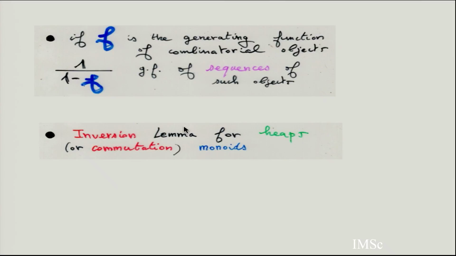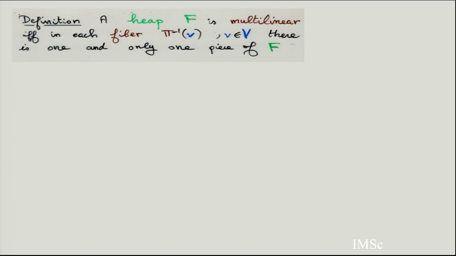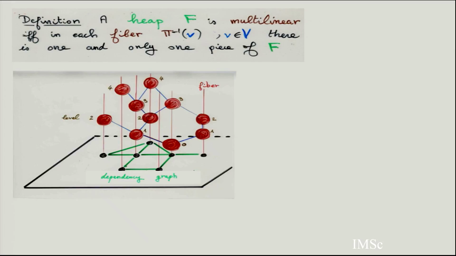Then there is another idea, which introduces a new definition, a multilinear heap. What does multilinear heap mean? It's a heap such that in each fiber over a vertex V, which is all the pieces that project onto V, there is one and only one piece.